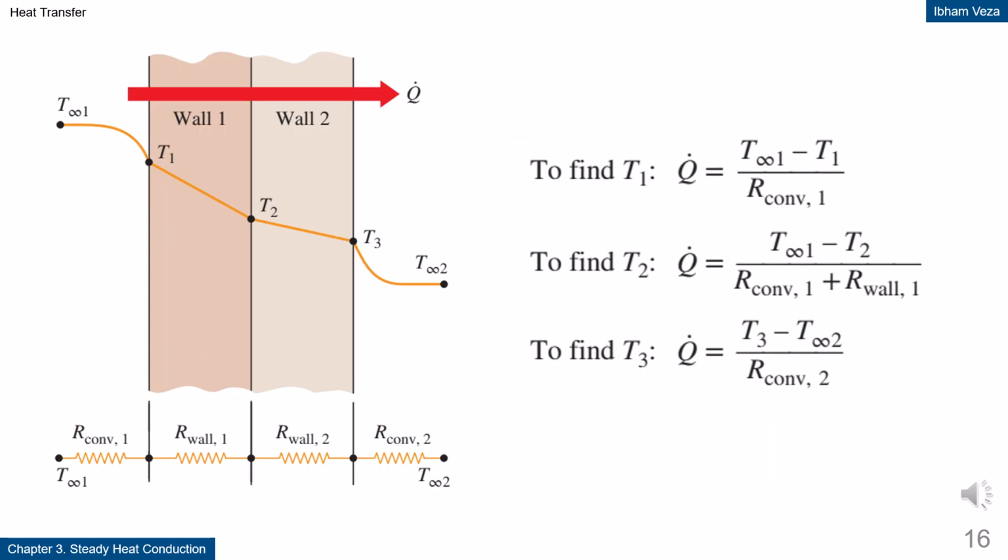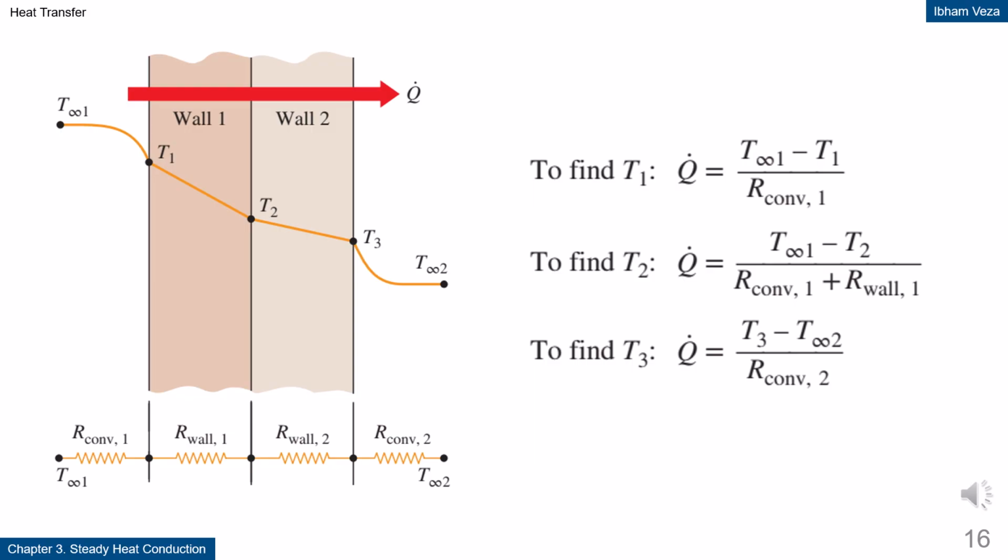Two-layer wall with temperature points. The temperature at each interface can be calculated using the heat transfer rate and the relevant resistances. For T1, the relation Q equals (T infinity 1 minus T1) divided by R convect 1 is used.